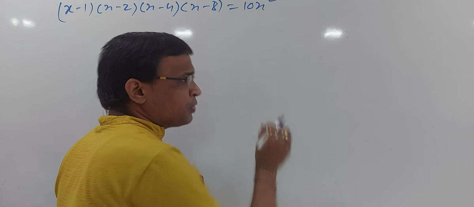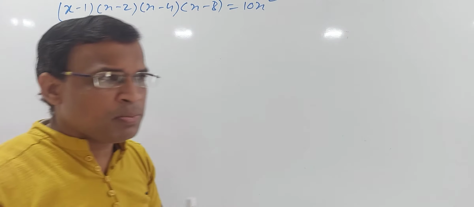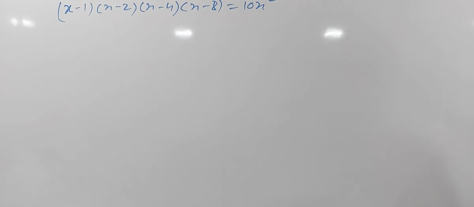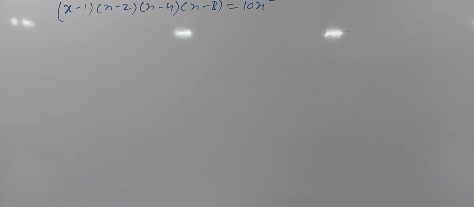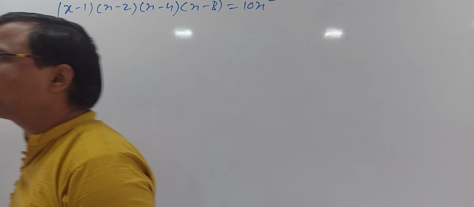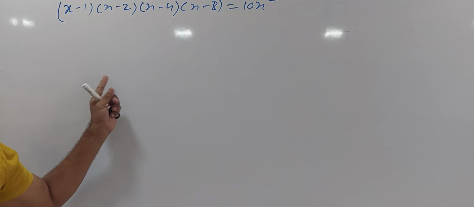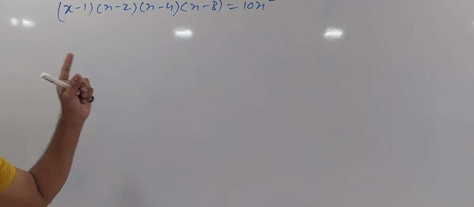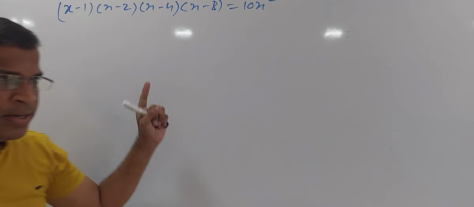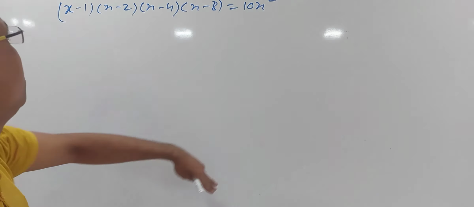I have seen this question in KVPY also, KVPY SA, second 12th standard, and I guess it came in either NDA or CDS, somewhere it came. Okay, very good question.